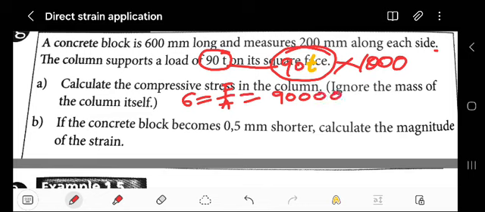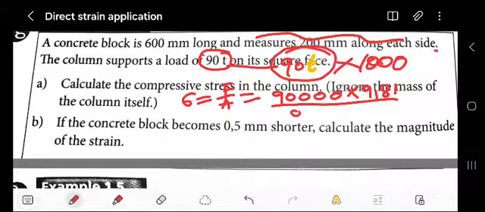If we want the force, we'll multiply again by gravity, 9.8 acceleration due to gravity. Then we divide this by the area, which is a square measuring 200 millimeters along each side, divided by 1000. This will be 0.2 multiplied by 0.2, the area of the square.